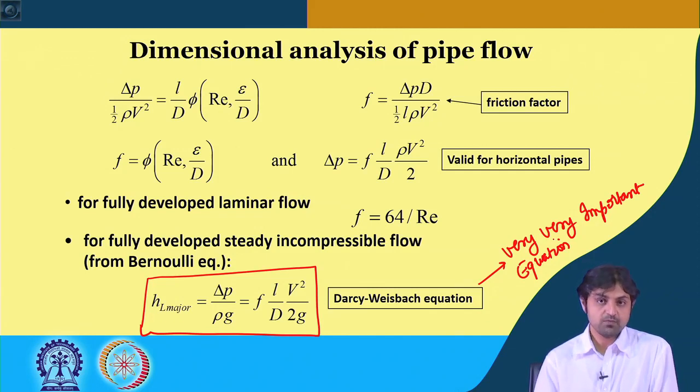So how do we estimate F? If we would know Reynolds number and epsilon by D, the recipe would be available to find out the friction factor F.